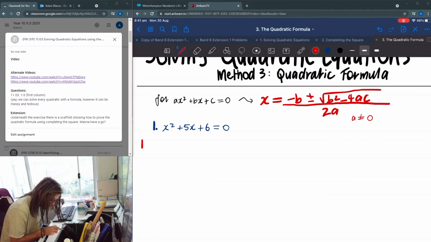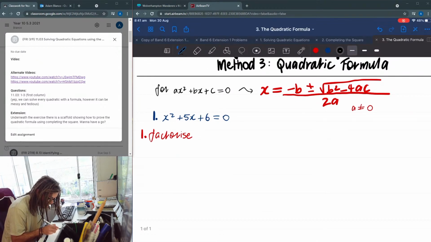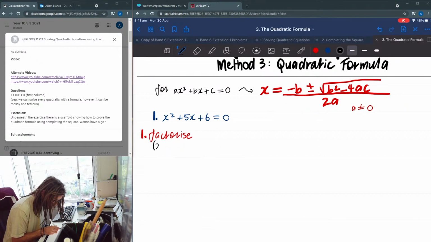Now, method 1 is factorizing. So I can factorize this. So that's going to be what adds to 5 and times to 6. Well, 2 and 3 add to 5, and 2 times 3 is 6. So x plus 2, x plus 3 equals 0.